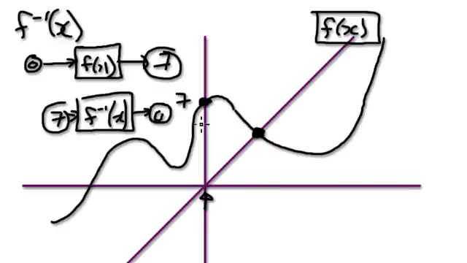So our inverse function would be, if you put in the number 7, you going across by 7 here, because you're putting the number 7 into the machine and it will spit out 0. So it's going to be at this point.